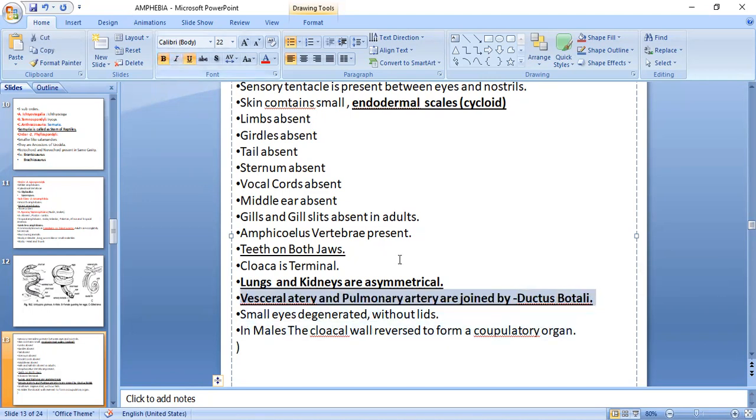Ductus botali. So what is ductus botali? I'll explain during the circulatory system, but here I draw a small diagram. From the heart, there are three chambers present. Generally only one ventricle is present.